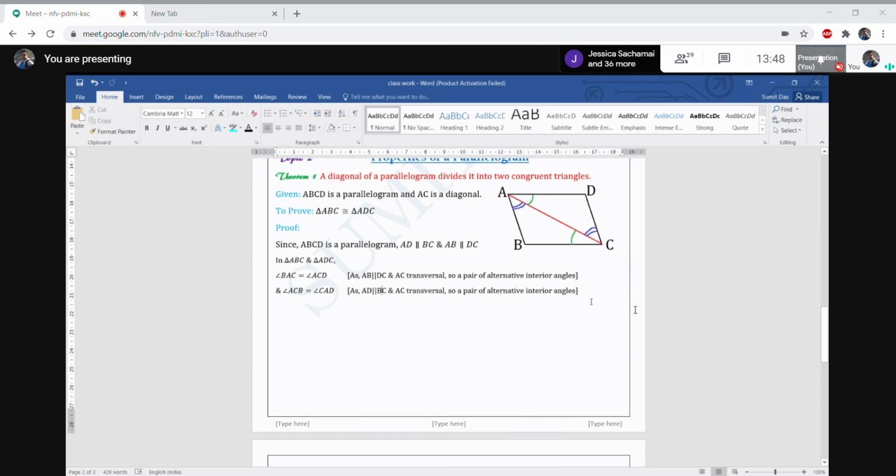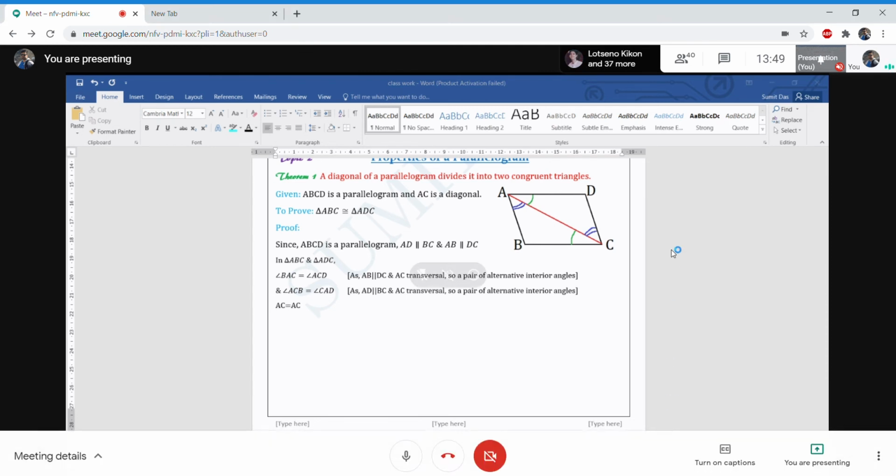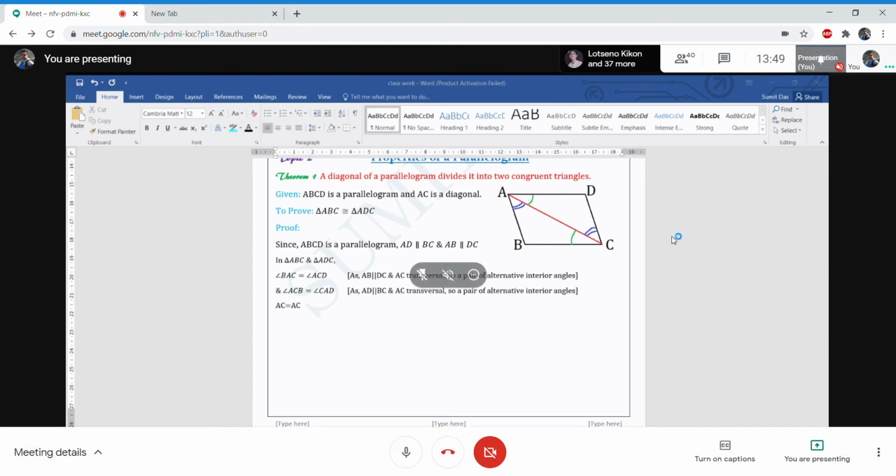Now come to the main thing. AC equals AC. Can I write AC equal to AC in these two triangles, ABC and ADC? If yes, why? Anyone please answer me.